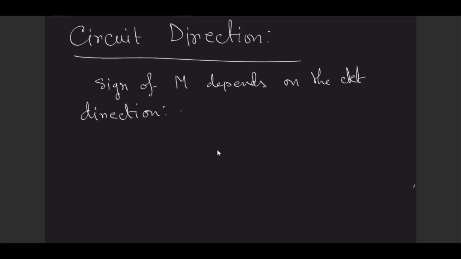In that case, you are free to assign the positive direction of the currents arbitrarily, because in alternating current there is no such positive and negative really existing in reality.